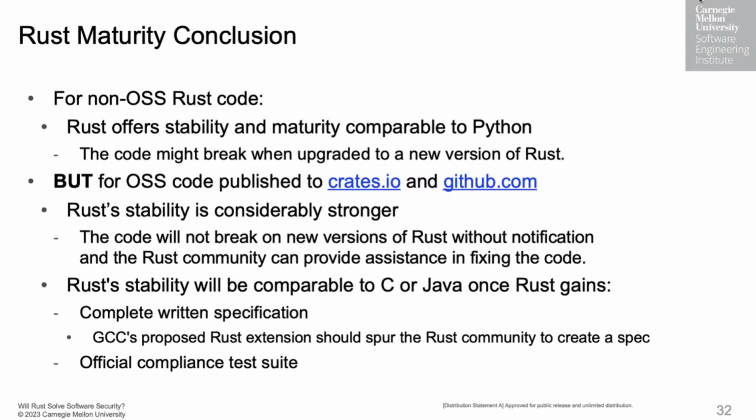And the reason I give it lower marks than I give for C or Java is because right now, rustc is a very good compiler, but it's the only one. If you want to compile Rust code, you have to use rustc. Eventually, there'll be a GCC front end for Rust, and that will be a second compiler, and that will increase stability a bit more, because GCC, or whatever they call their Rust front end, will have some variations between what it accepts and what rustc accepts, and that will basically force more stability.